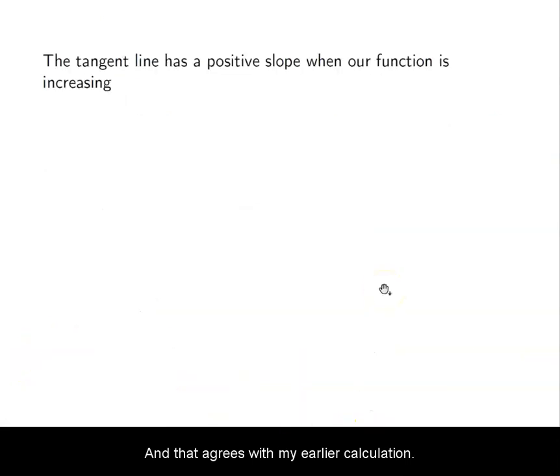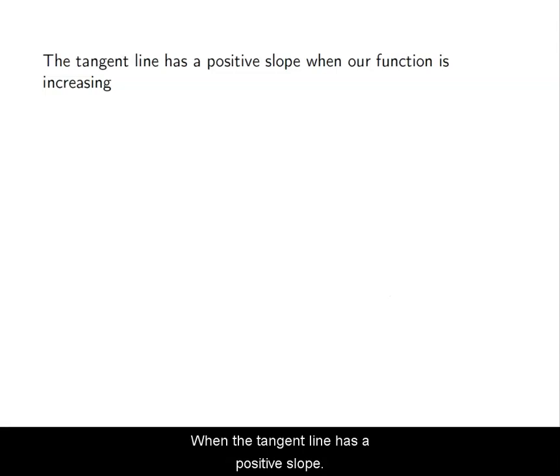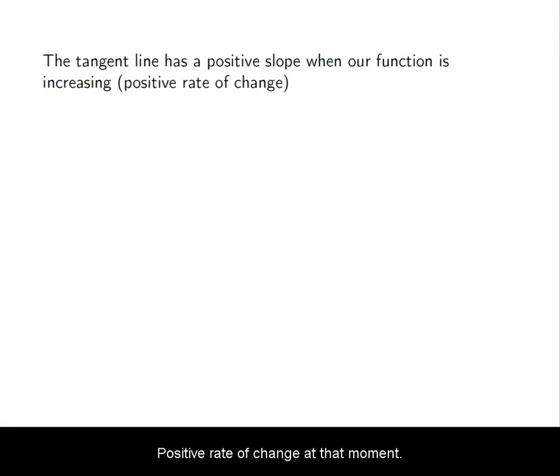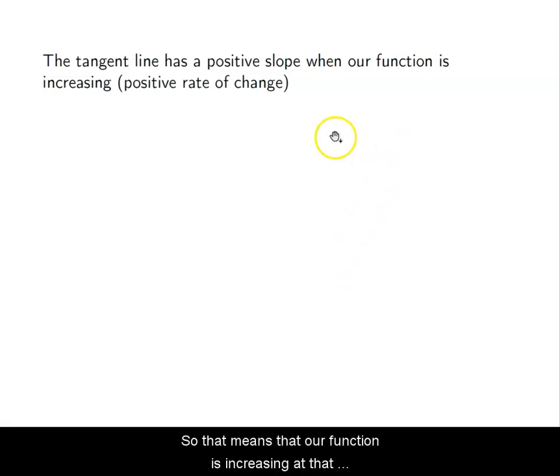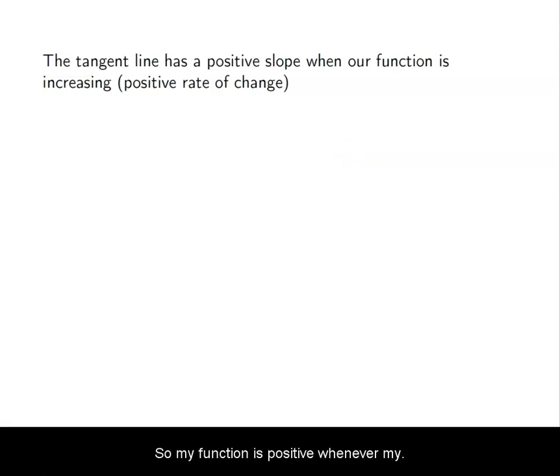Okay, so when the tangent line has a positive slope, that means that our function has a positive rate of change at that moment. So that means that our function is increasing at that moment, right? Positive rate of change means I'm increasing. So my function is increasing whenever my derivative has a positive value.